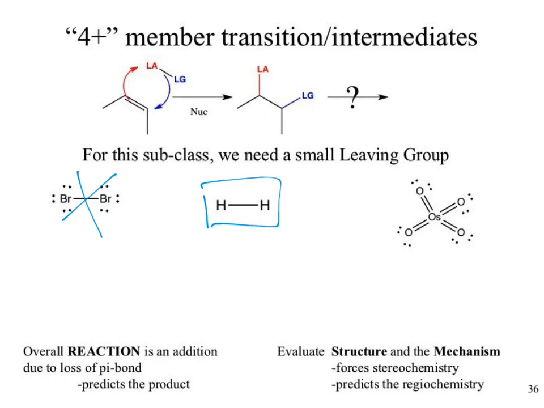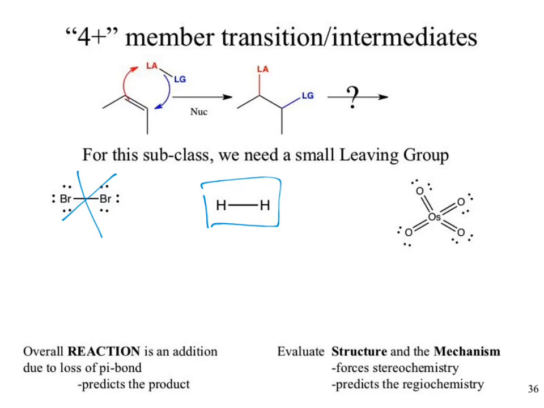Okay, last one gets all sorts of goofy and weird. I didn't say it was perfect, but this is the best I got. What's the thing getting attacked? Oxygen. What's the leaving group? This fits back to that pattern.